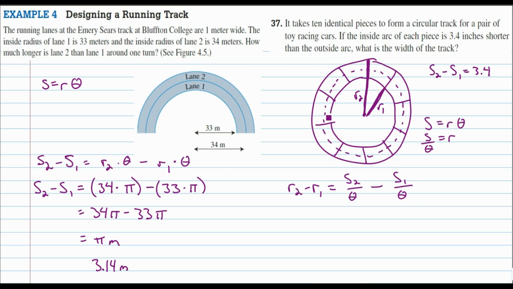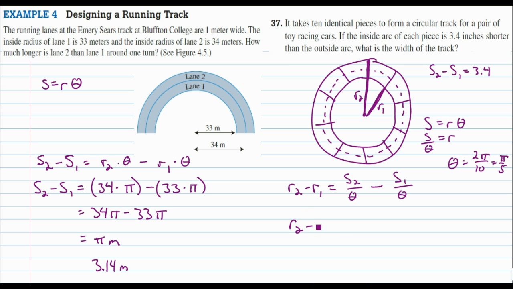Now, there are 10 pieces of track here that go around a 2 pi radian circle. So theta is going to equal 2 pi over 10, which is pi over 5.